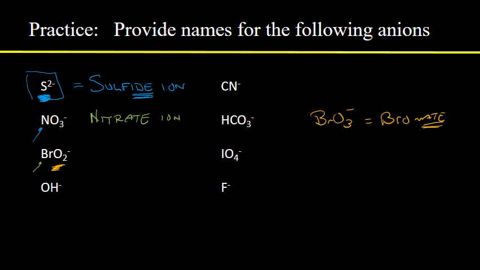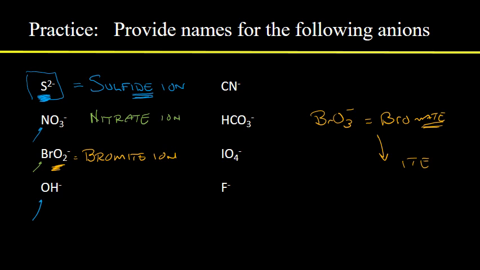And since BrO2 has 1 fewer oxygens, you just go down 1 step in that table. And when you go down 1 step in the table, you change the -ate to -ite. So that means this is a bromite ion.